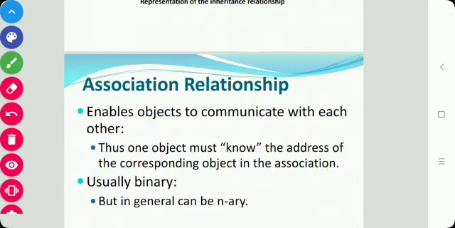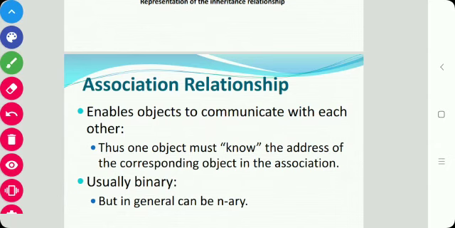Then next is the association relationship. So what is an association relationship? Associations are needed to enable the objects to communicate with each other. An association describes a connection between classes, and the relation between two objects is called a link. So links are the instances of the association.